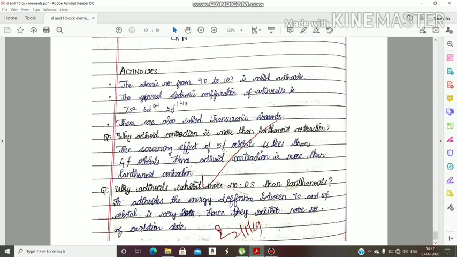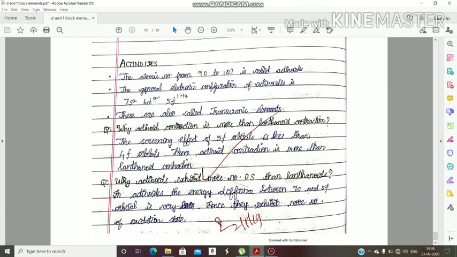Automatically, size will be less. So that is the reason behind this. The screening effect of 5f orbitals is less than 4f orbitals. Hence, actinide contraction is more than lanthanide contraction. That's all. This is a very, very important question for 1 mark.